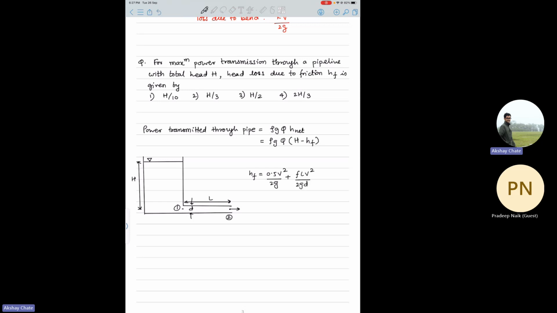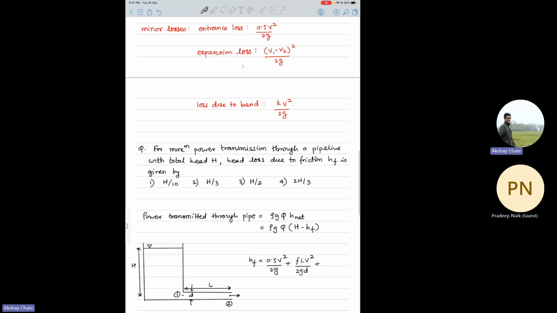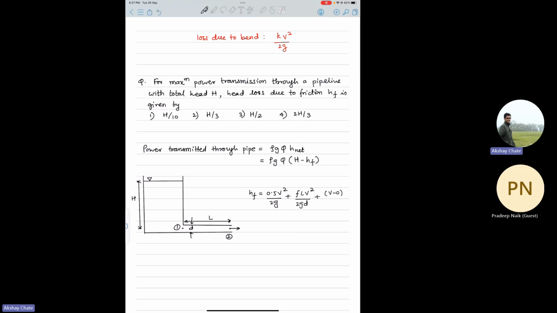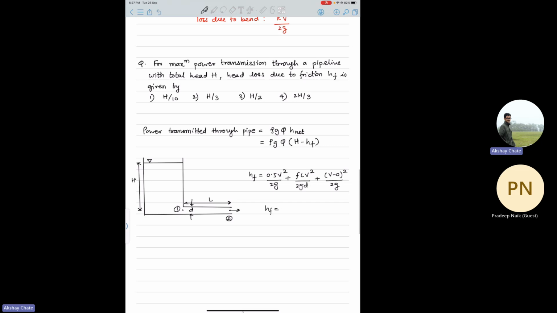When it goes out into the atmosphere, it is expansion, but we assume that its velocity reduces to zero. So there will be 1 V square by 2g from the last term, so it will become 1.5 V square by 2g plus f L V square by 2gD, with L as capital L. So this is your total head loss.